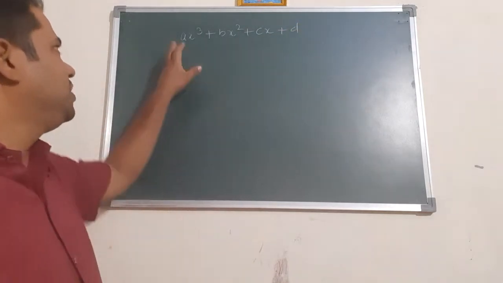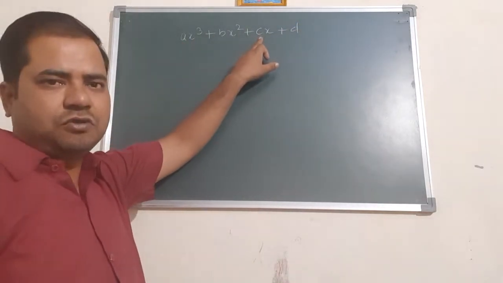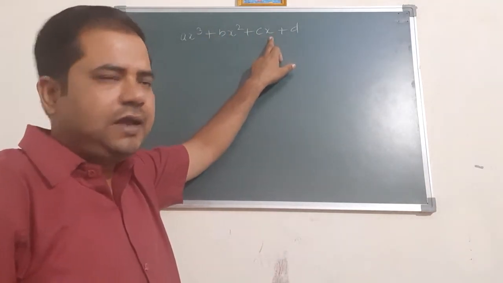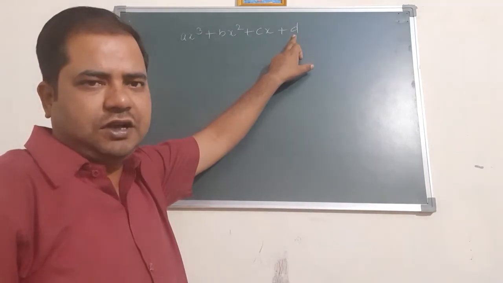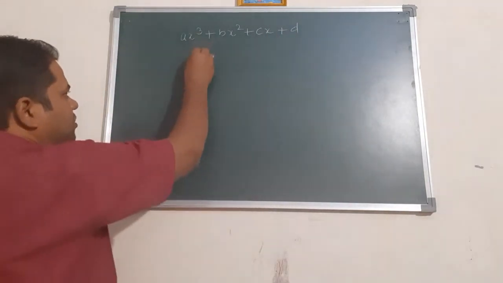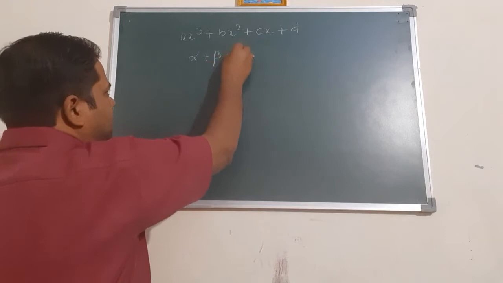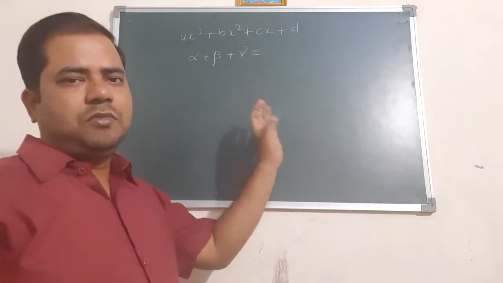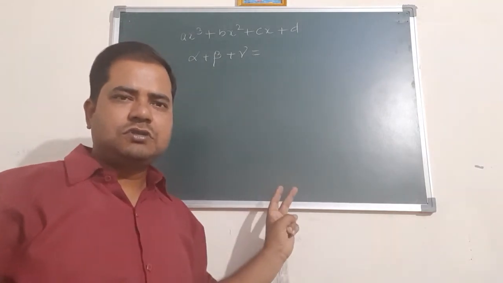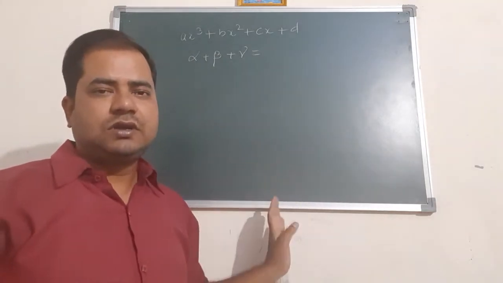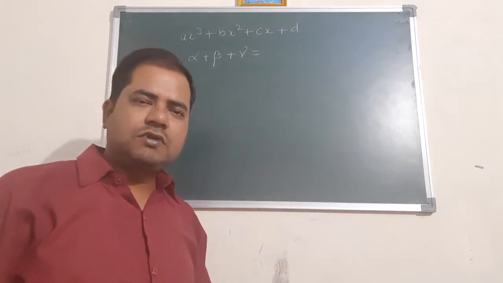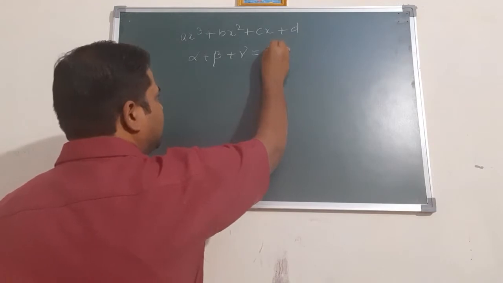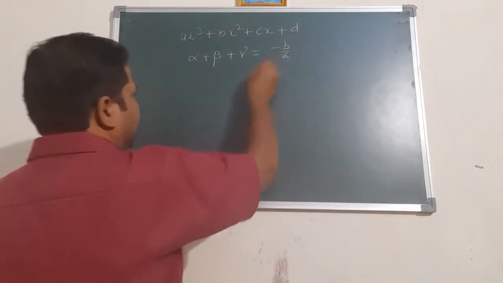As you know, a, b and c are the coefficients of x cube, x square and x respectively, and d is the constant. So the sum of the zeros, alpha plus beta plus gamma, that means there are three zeros of this polynomial, because a quadratic equation has two zeros, a cubic equation has three zeros. If you have a biquadratic equation, then there are four zeros, etc. So alpha plus beta plus gamma is minus b by a.